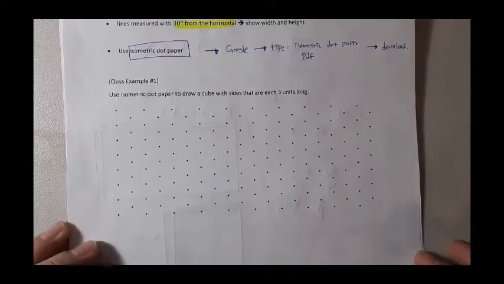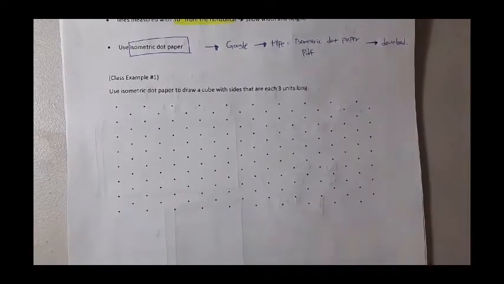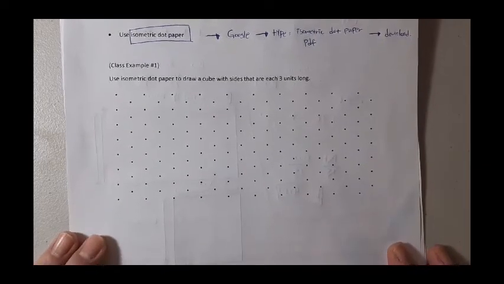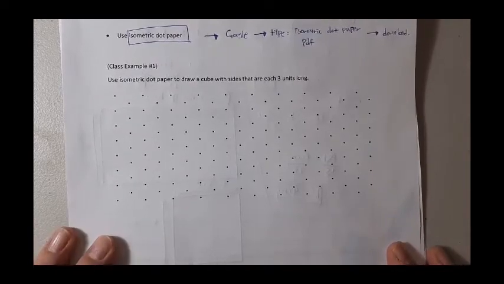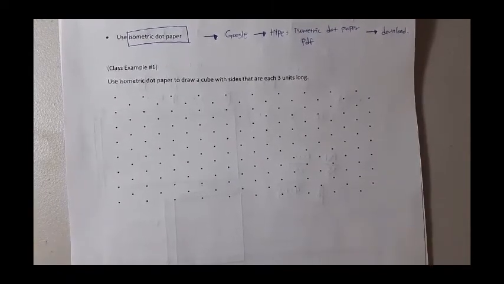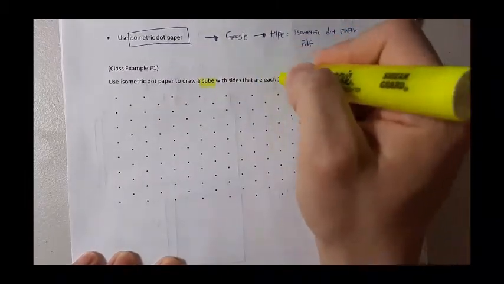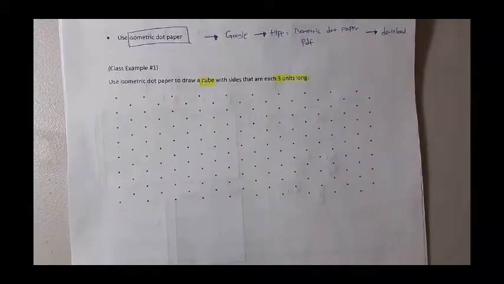All right, we're going to do a very limited number of class examples, and it's going to be quite a short lesson, because, like I mentioned, the drawing part is not tricky. The steps are what's tricky. Use isometric dot paper to draw a cube with sides that are 3 units long.